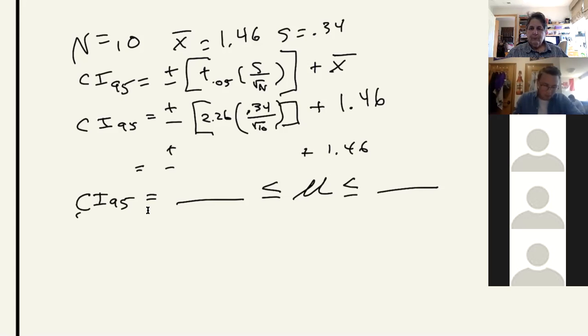I got the low number being 1.21, and I got the high number being 1.71. Yeah, so did I. I got the same.